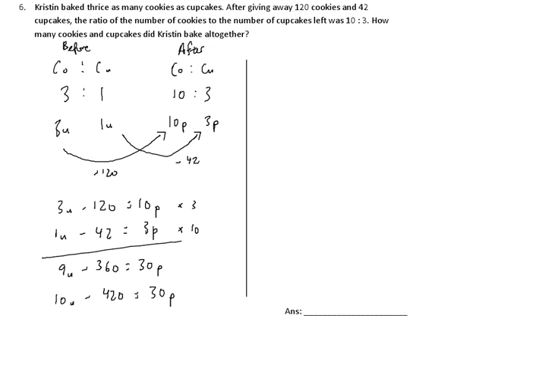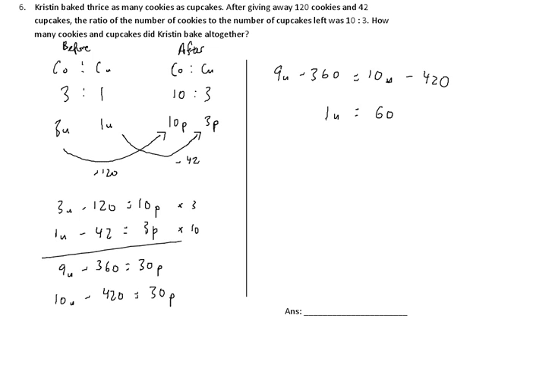So I have 9u minus 360 equals 10u minus 420. And I know that my 1u equals 60.